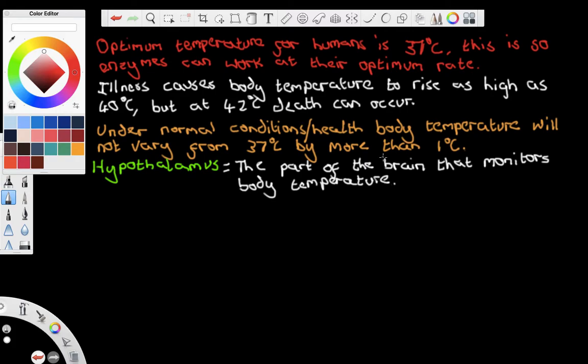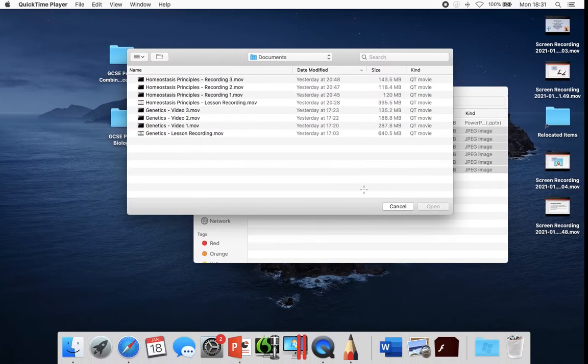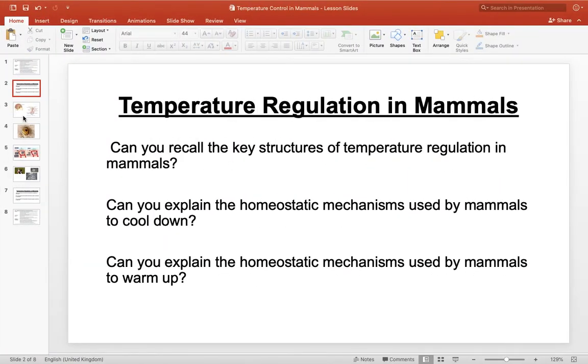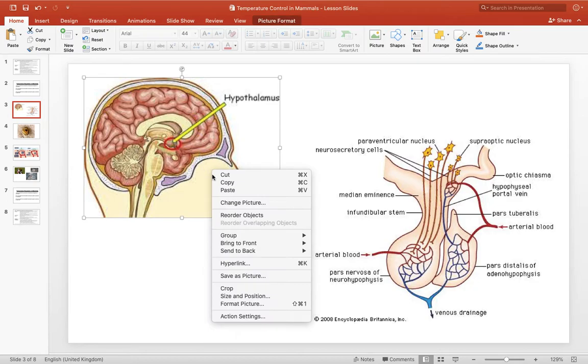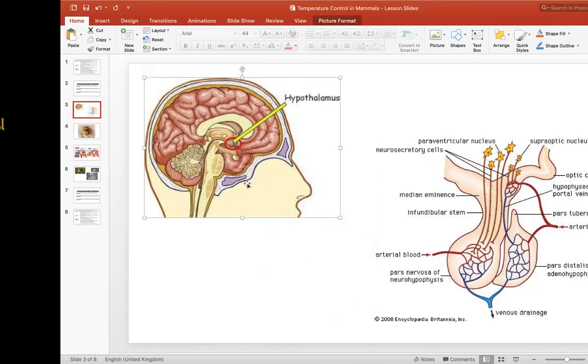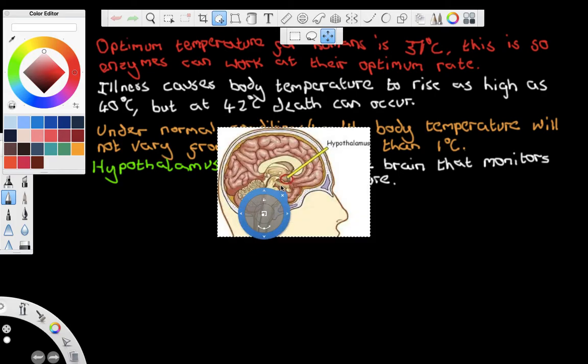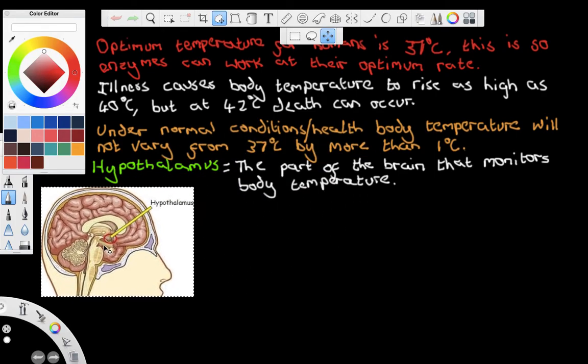Now, essentially, what happens is that blood flows through your hypothalamus. I'm going to take an image off the PowerPoint at this point, just one that I've taken from Google. Blood flows through the hypothalamus found in your brain, which is just found at the top of your brain stem, just above your medulla oblongata, and it registers how hot or how cold your blood is.